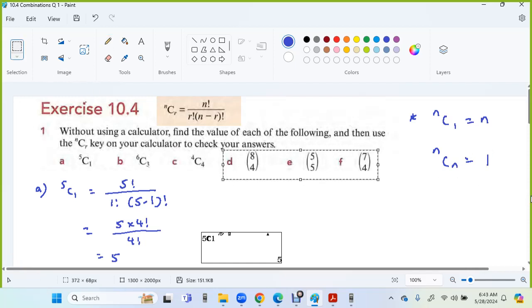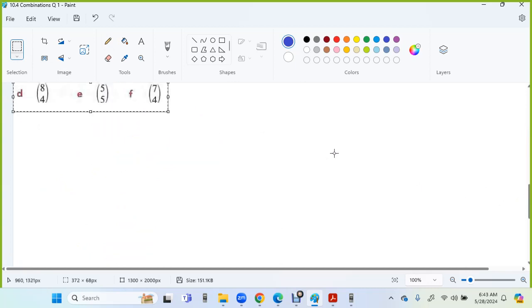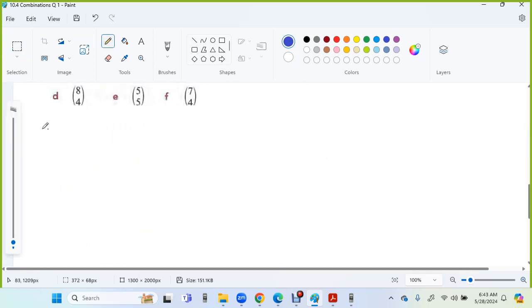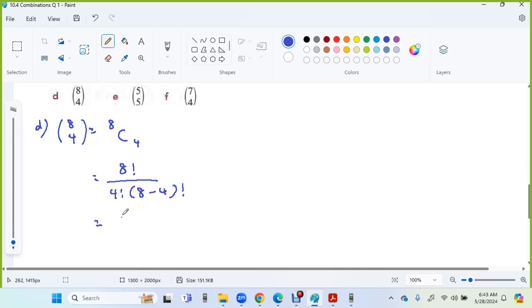So D here, we want to find the value of 8C4. So 8 choose 4. Then it is 8 factorial over 4 factorial times 8 minus 4 factorial. So 8 times 7 times 6 times 5 times 4 factorial over 4 times 3 times 2 times 1 and then 4 factorial here, since 8 minus 4 is 4 factorial.